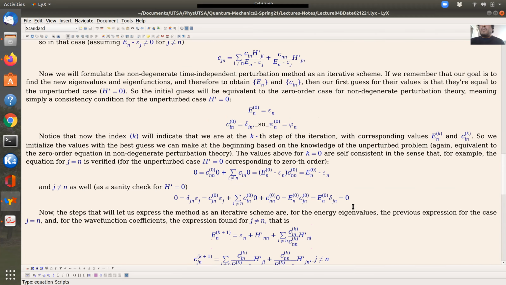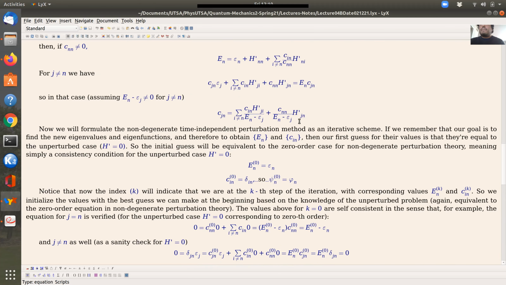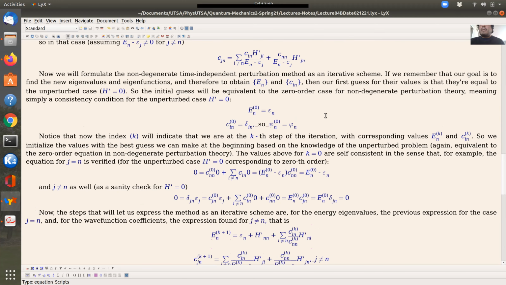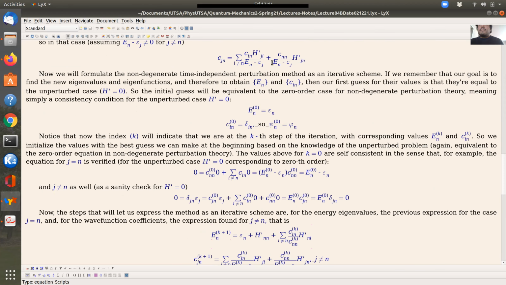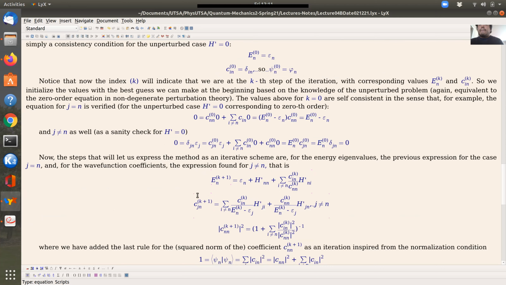Then I had an equivalent formula over here that I presented before, that is going to inspire this other one. This is what matches exactly by taking inner products with j not equal to n. But let me define an iteration inspired by this formula, where I define the new value of this coefficient in terms of the old values of the coefficients and the old values of the energies.